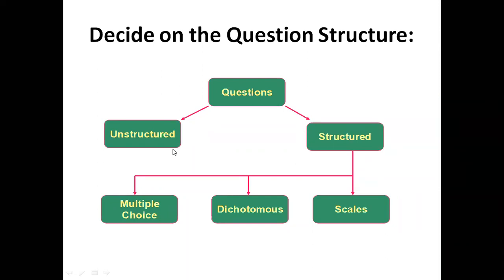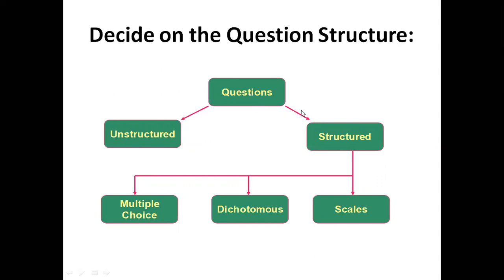Usually, in academics as well as in corporate, unstructured questions are not used because analysis of those questions using software is very difficult. So most researchers nowadays prefer structured questions. Those are close-ended questions.